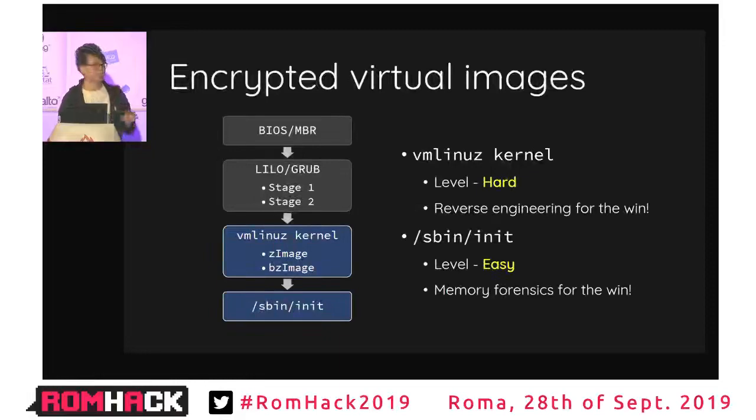Here is the Linux booting process. The common way in the past to break the encryption is to analyze and reverse the VM Linux kernel to get the encryption key. However, we focus on another stage. Here we give an example to show how memory forensics takes us to the win.